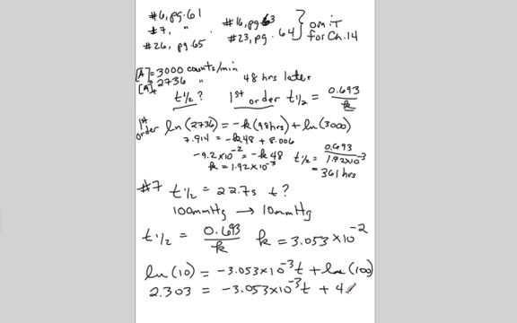Subtracting the 4.605 from both sides, I get negative 2.302 equals the negative, and the negatives go away. Dividing both sides by the 3.053 times 10 to the -2, I get time of 75.4 seconds, which is the correct answer for this question.